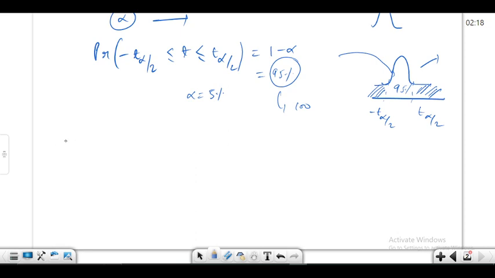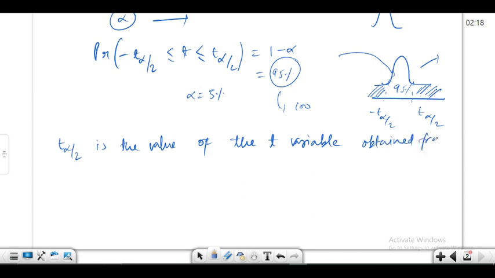So t alpha by 2 is the value of the t variable obtained from the t distribution.